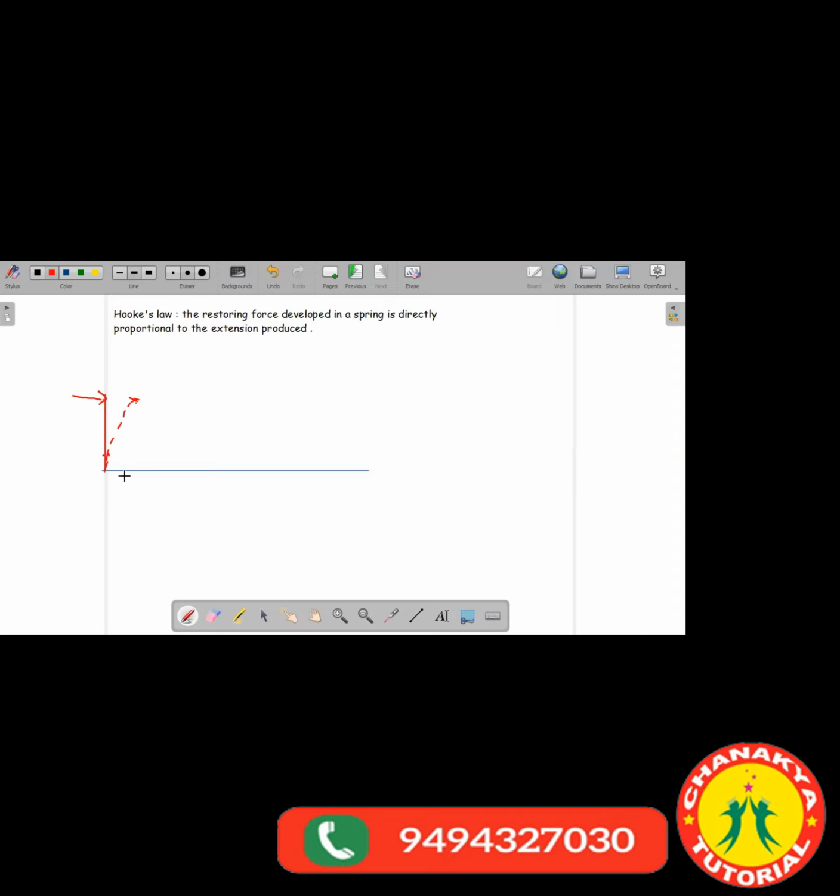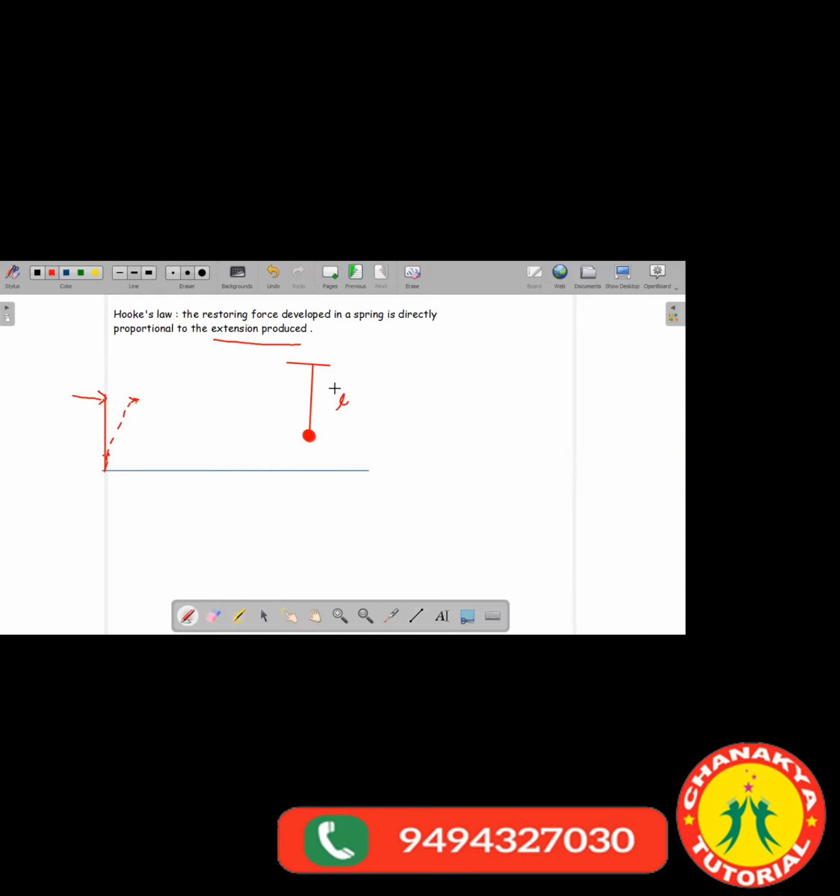Here we have talked of a different type of strain, a different type of change that has been produced. Here in Hooke's law, we are talking of the extension. Suppose you have an iron rod, and you hang some heavy mass at the bottom.